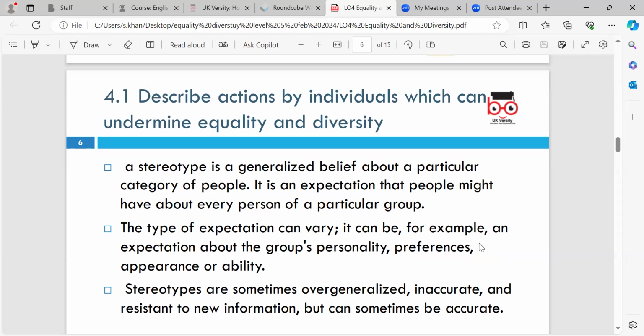That's quite a big stereotypical thing that a lot of people do. Boys are kind of stronger than girls, and girls are weak. So that is a stereotypical image of someone. And it's a generalized opinion, really, isn't it? It's inaccurate, and sometimes accurate, but not always accurate.